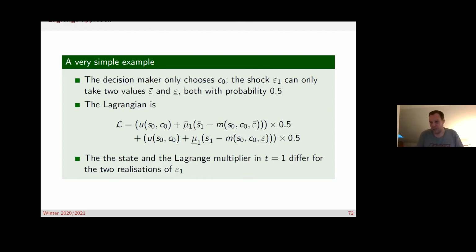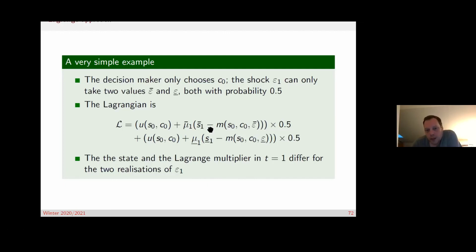Because this doesn't really work, since you have to live with your choice in any realization that the random variable will take. So you want to take this into account. But the general idea is the same. Instead of picking the optimal control in 0 as a function of the state S only, it is also a function of the realization of the random variable, and of the probabilities. Well, it's not really a function of the probabilities, but this is the additional information that we have.